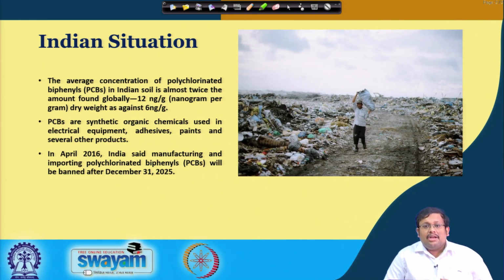In Indian soil, the average concentration is 12 nanogram per gram, whereas the world average is only 6 nanogram per gram. PCBs are synthetic organic chemicals used in different electrical equipment, adhesives, paints and several other products.